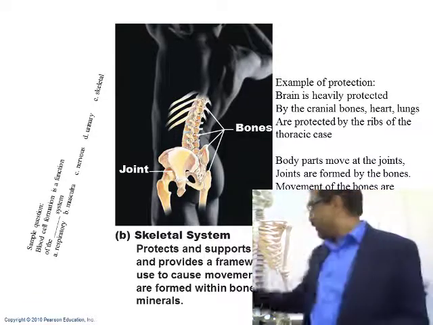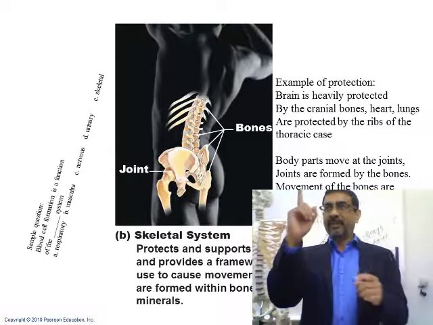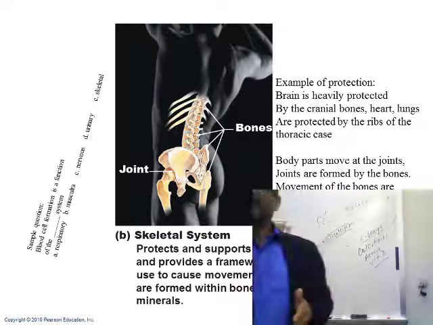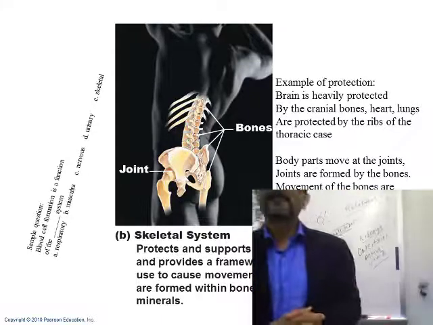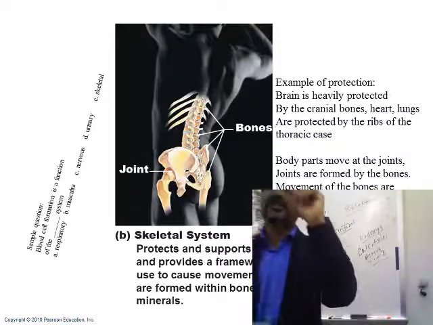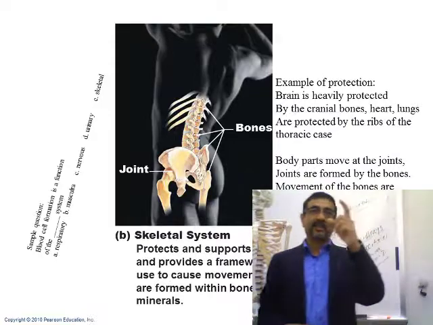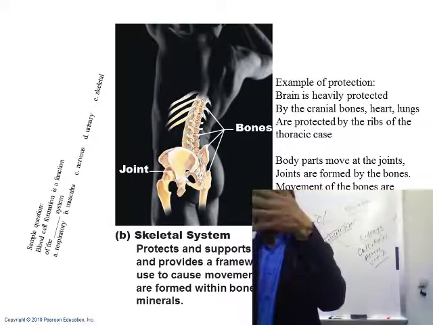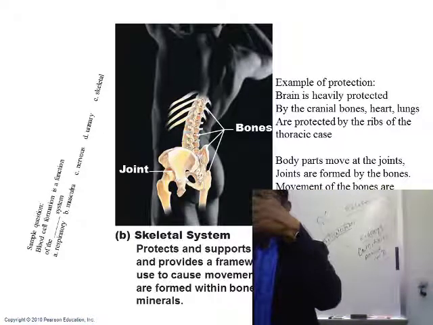Your spine is helping you to stay erect, right? You said cartilage. Cartilages are also part of the skeletal system. Yes, cartilages help it. Cartilages are actually parts of the joints.